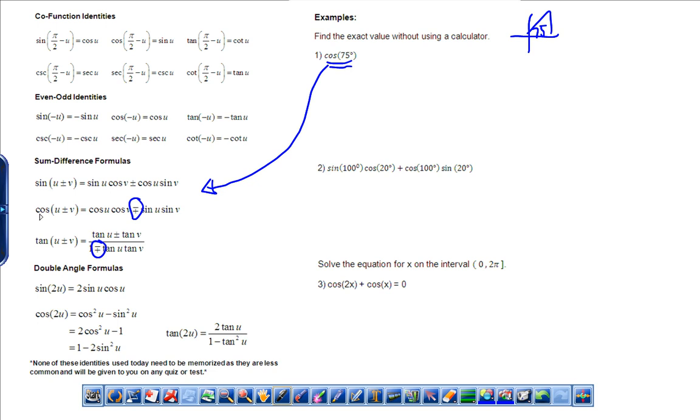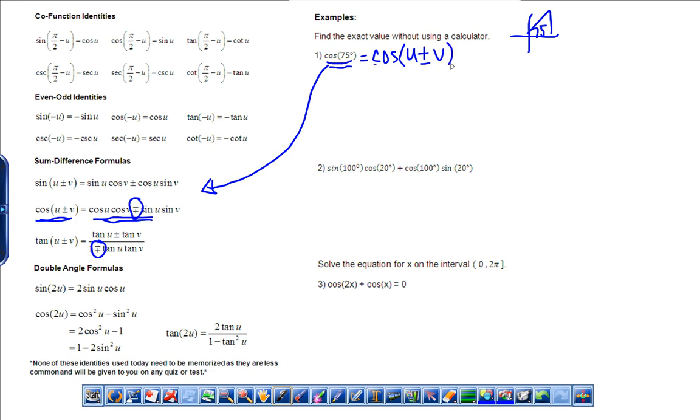So since these are equivalent, I'm going to replace them. So cosine of 75 is equal to a cosine of, and it doesn't matter the variables, a u plus or minus a v.